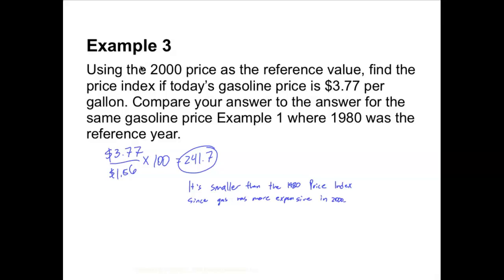All right, it's smaller than the 1980 price index since gas was more expensive in 2000.